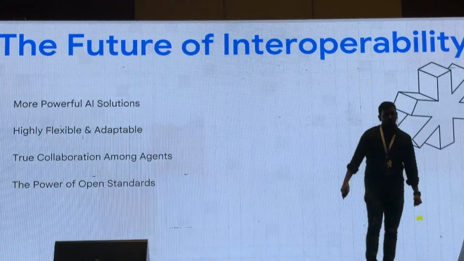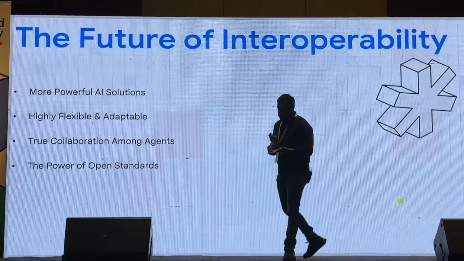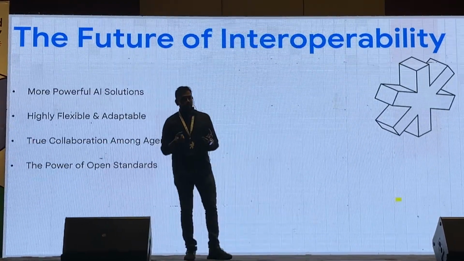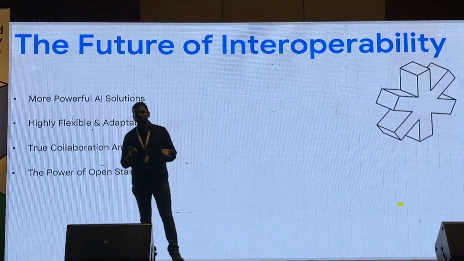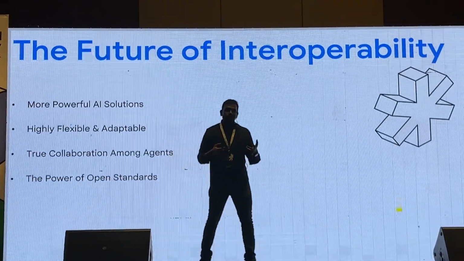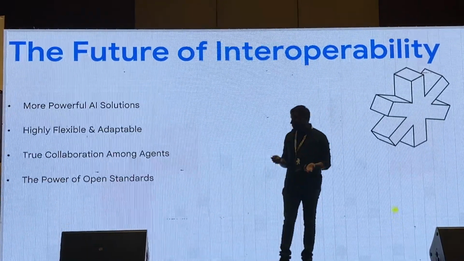And the future of interoperability: when you leverage these two, the Model Context Protocol and the Agent2Agent protocol, you can build very powerful AI solutions because you have two superpowers in place. There is no such blocker happening for you. So you can build large-scale enterprise applications in real time without any hassles.